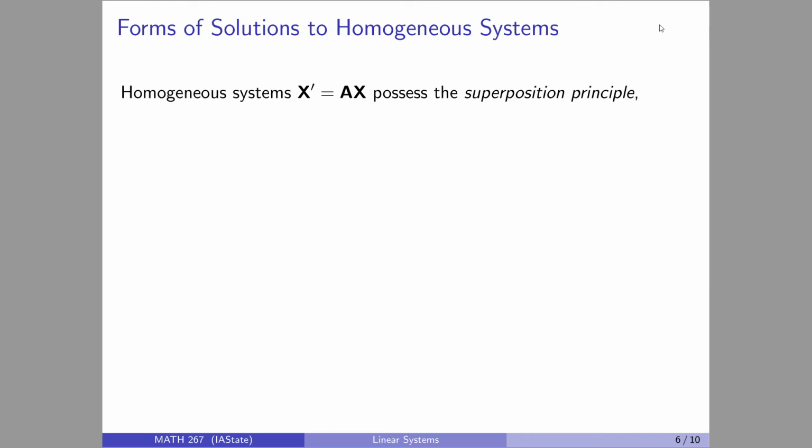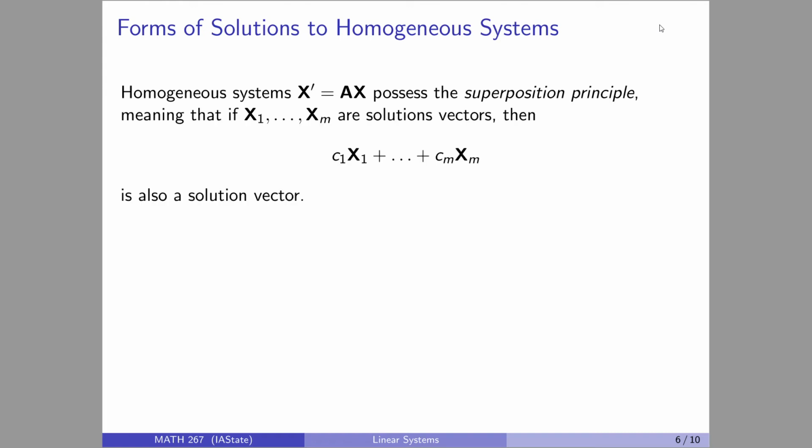Just like second order linear homogeneous constant coefficient differential equations, systems have the superposition principle, meaning that I could scale solutions and add them up to create new ones. And just like we talked about before, when I do this, I want a true new solution. I don't want linear redundancy, so I want linear independence. When I scale and add, it creates something new. It does not just repeat what I already know.